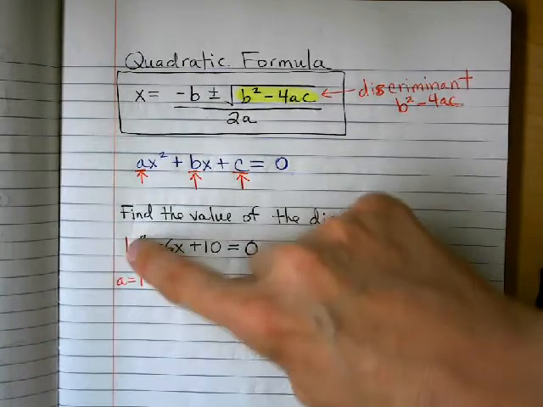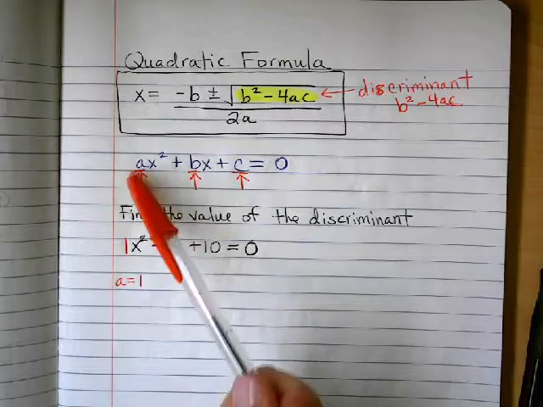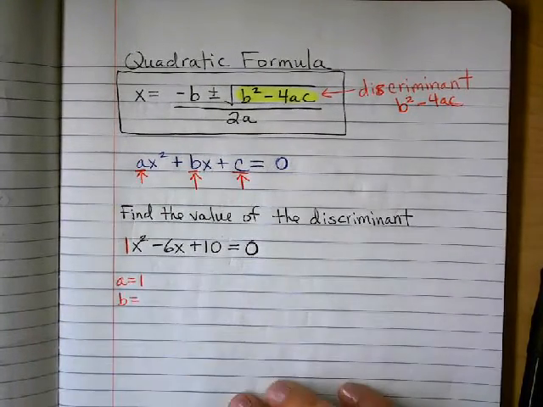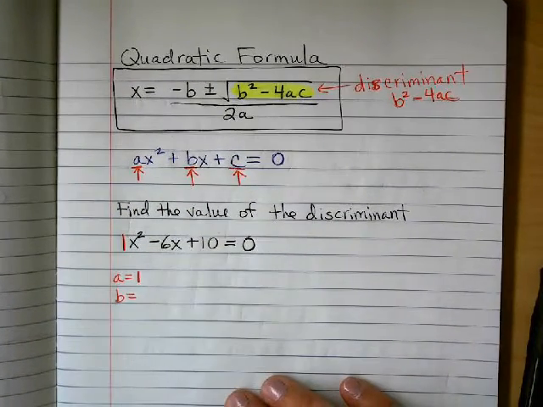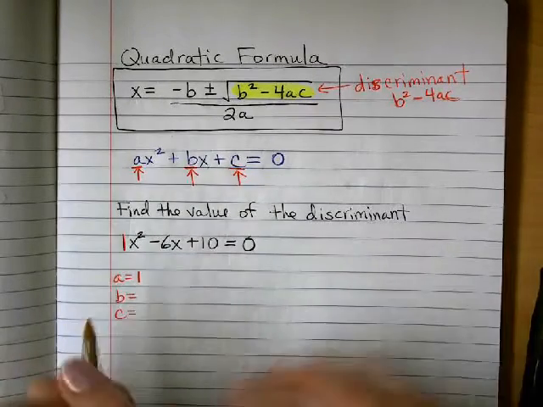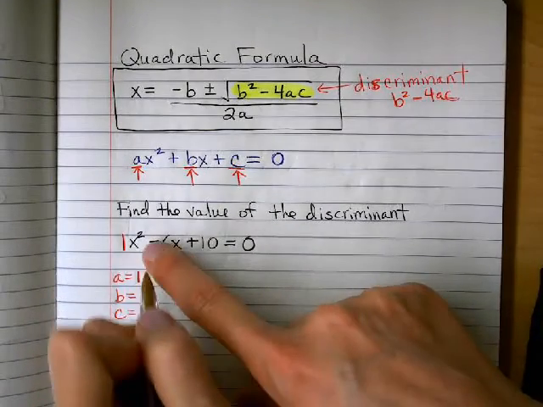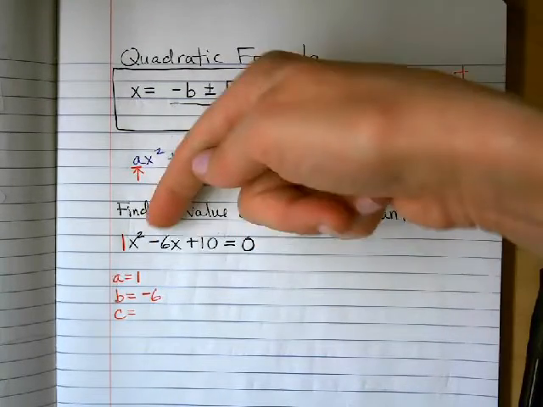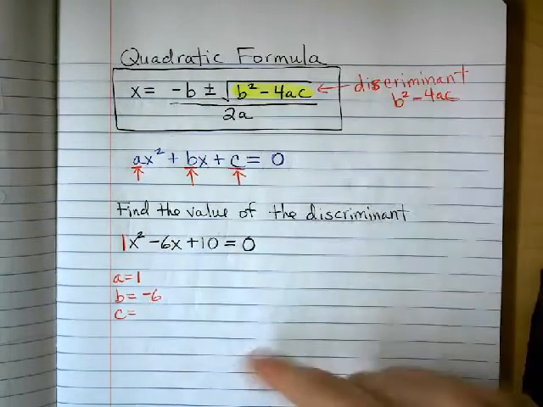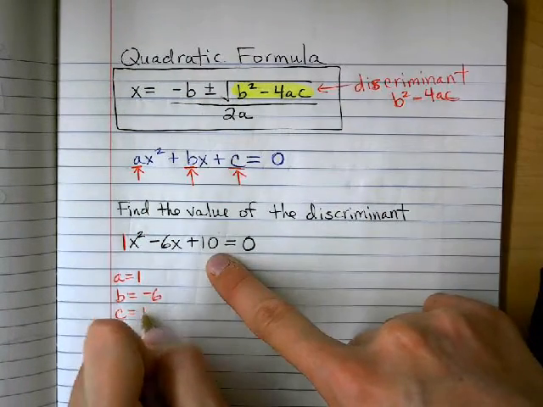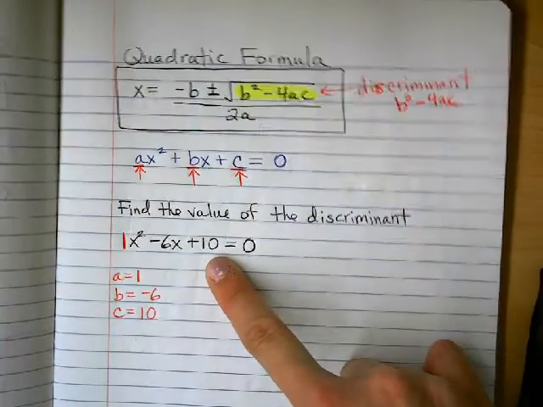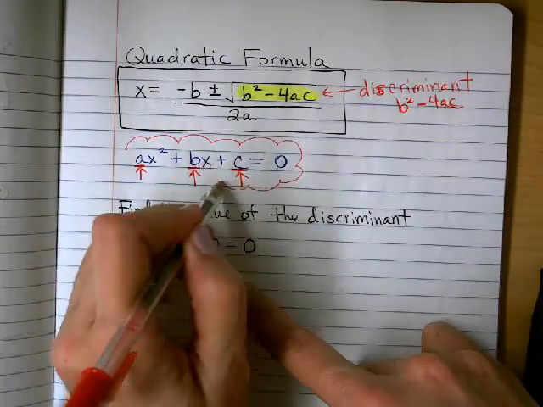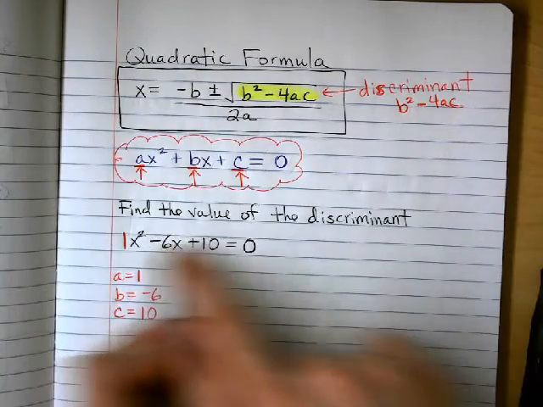What's B? B is the second number in the problem. It's negative 6. You have to use the negative too. And c is 10. So you have to know how to find a, b, c from this. When you have an equation, you have to know what a, b, c are.